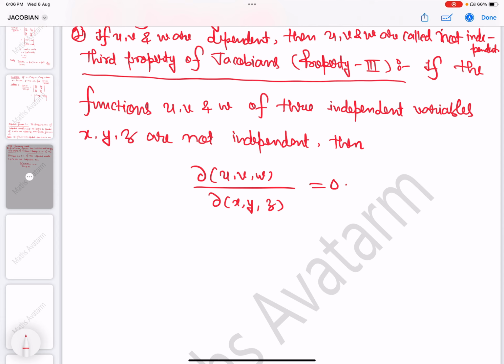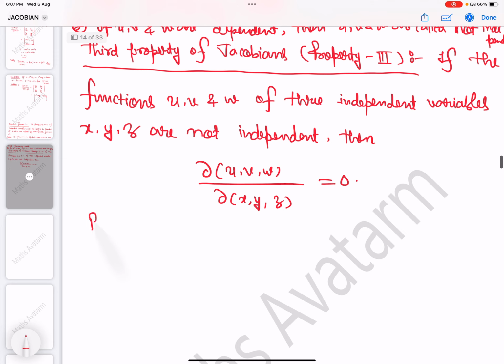Proof. Suppose u, v, and w are not independent.